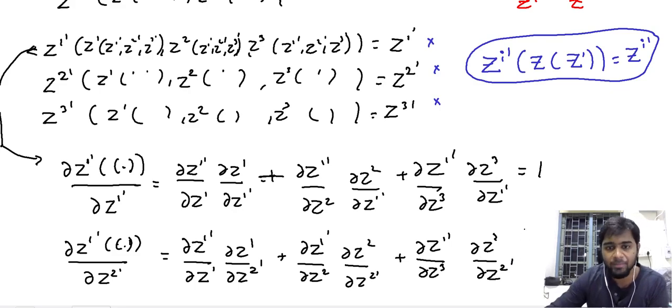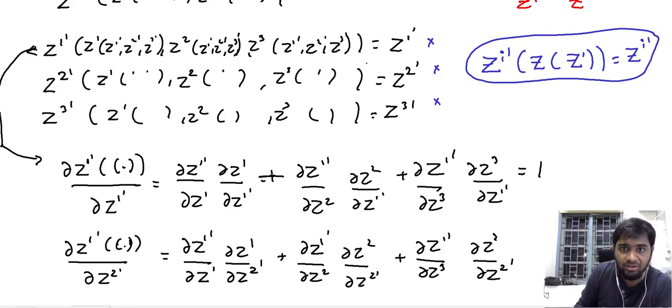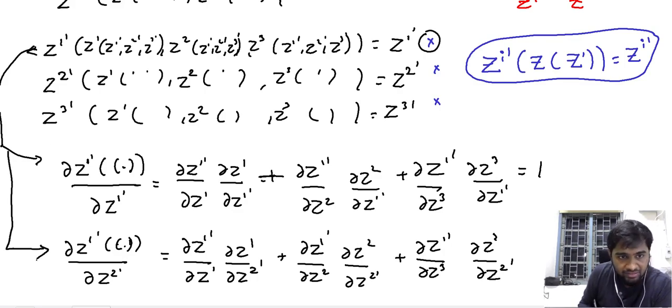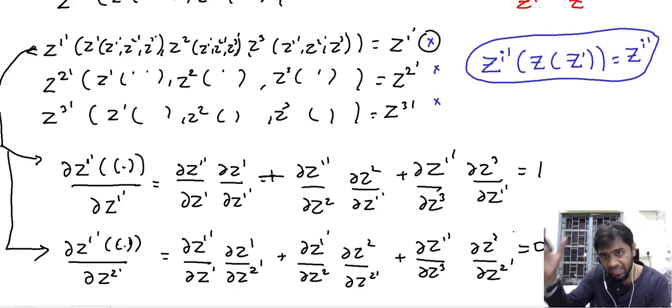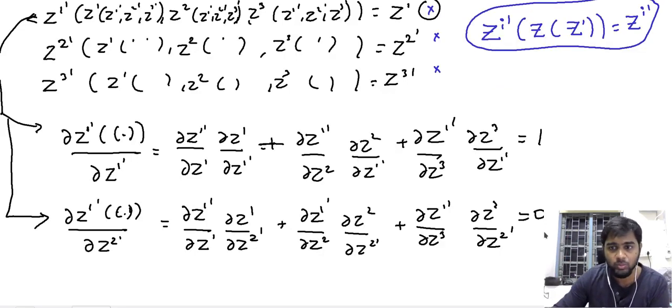From this relation, that is z1 prime as a function of a function which leads to its corresponding independent variable of z1 prime, we have arrived at one expression. And from the same relation, the one highlighted in blue, we are now expressing another partial derivative, and this partial derivative will be equal to 0 because we are considering the partial derivative of z1 prime with respect to z2 prime on the right hand side of the expression. So this will turn out to be 0.